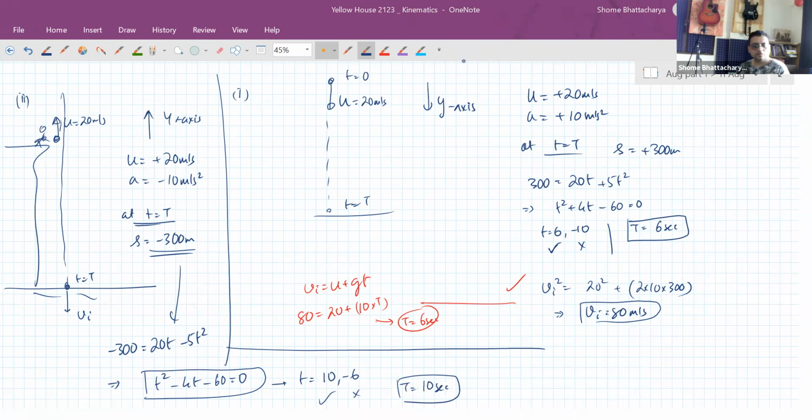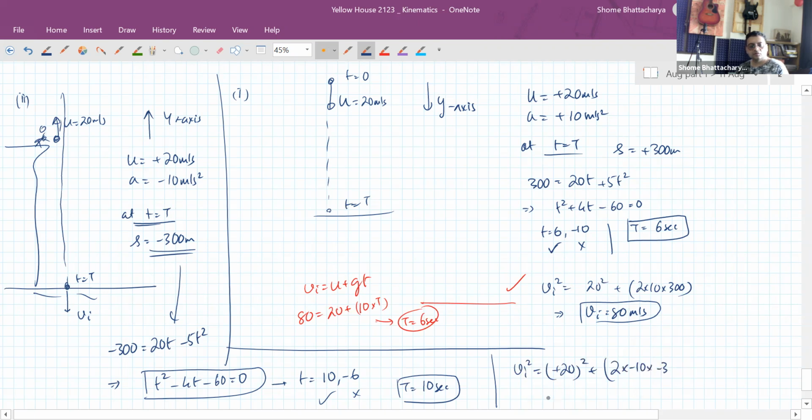Okay. Then your v impact square is equal to u square plus 2 into a into s. But with proper sign, actually you should write it as minus 80 meters per second.